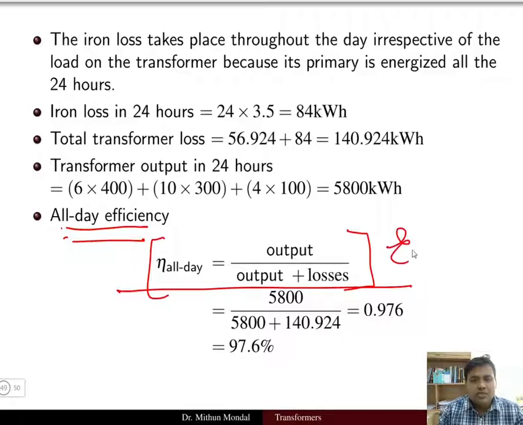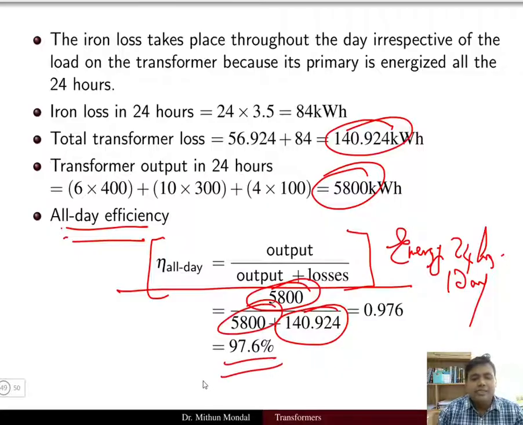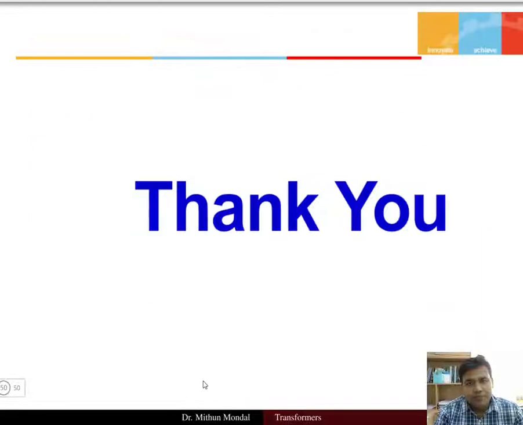This equation is in terms of energy for 24 hours, that is 1 day. Instead of power we are taking energy. We have calculated that 5800 is the output and total losses is 140.924, which we substitute in the equation. We get the all day efficiency as 97.6%. So this completes the tutorial where we have solved the problems based on efficiency.